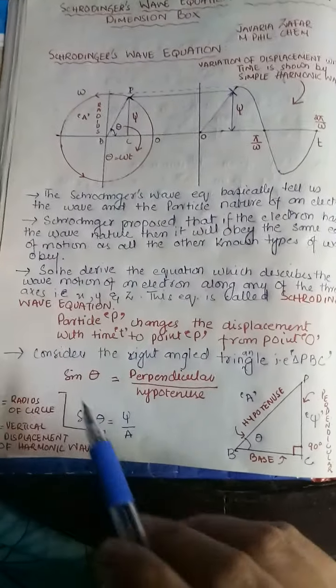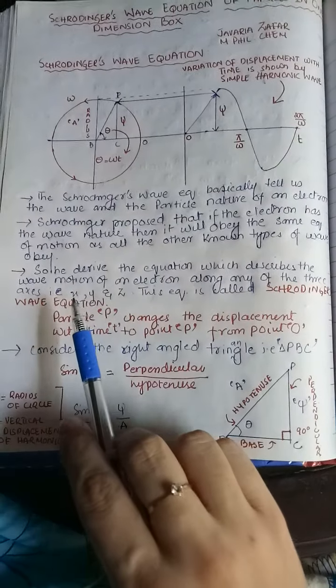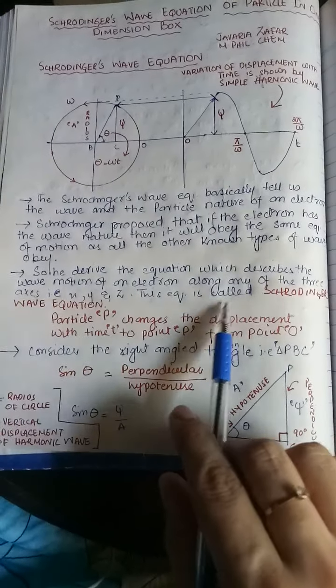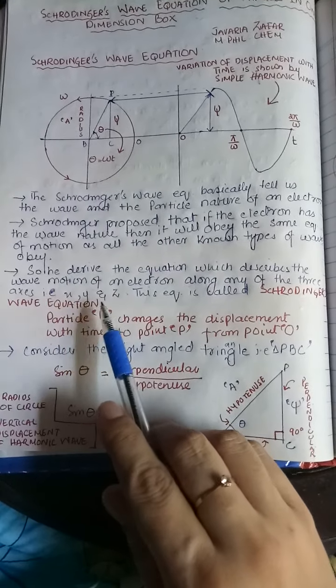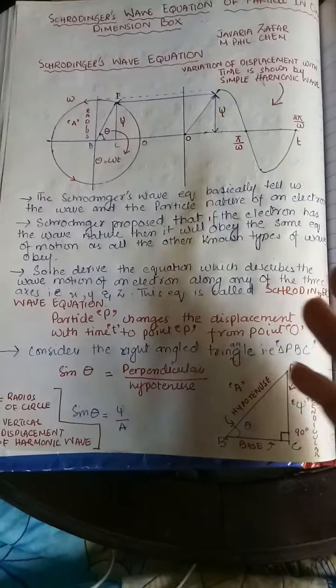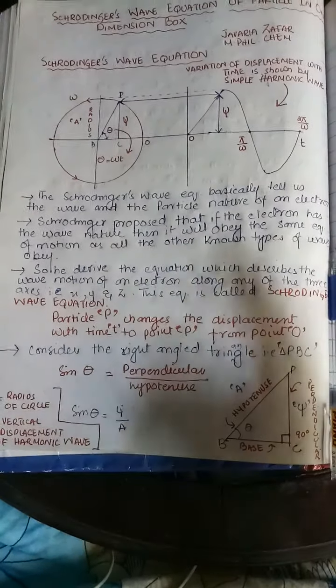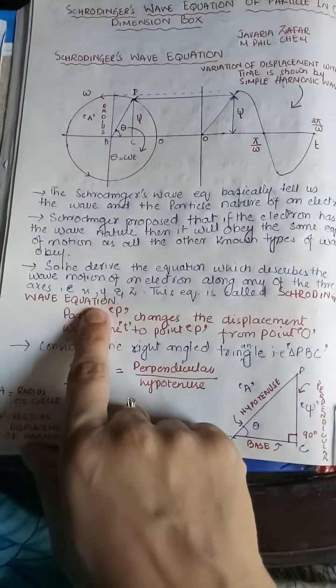So he derived the equation describing the wave motion of an electron along any of the three axes, that is the x, y, and z axis. He called this equation the Schrodinger wave equation.